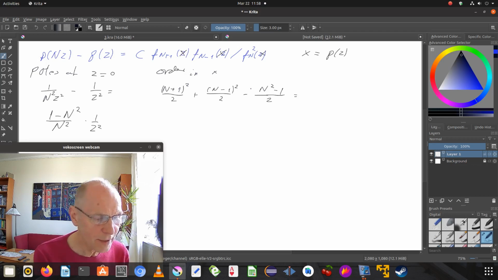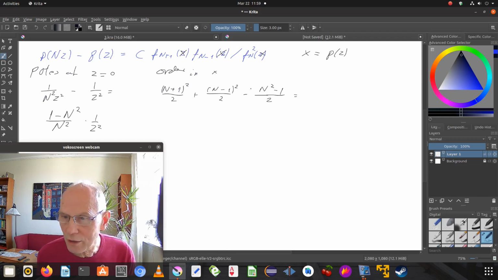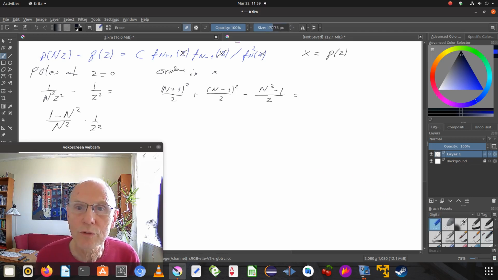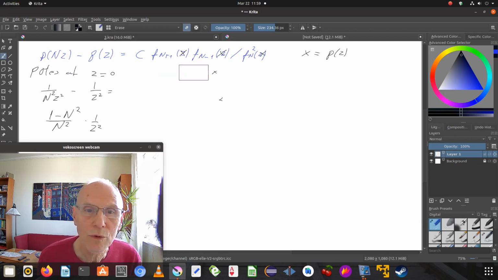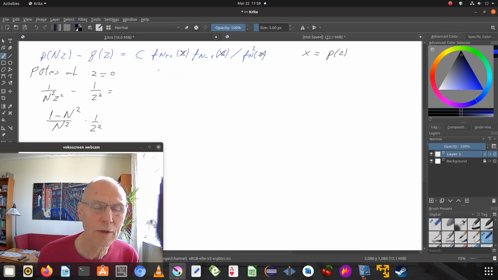It says the leading term at z equals 0 equals n divided by... So we can just write up the leading term at z equals naught. Leading, how do you spell that?